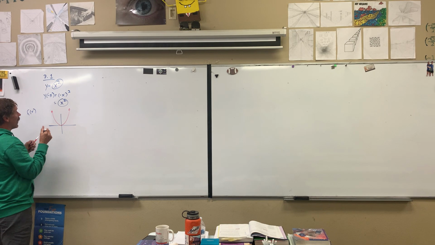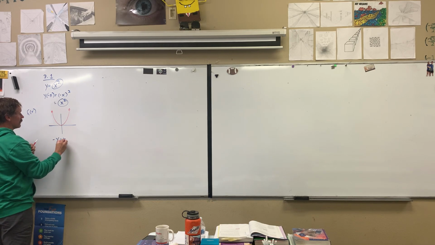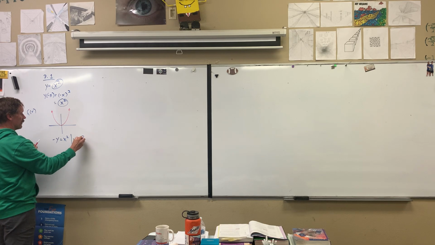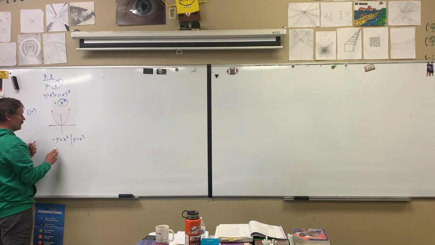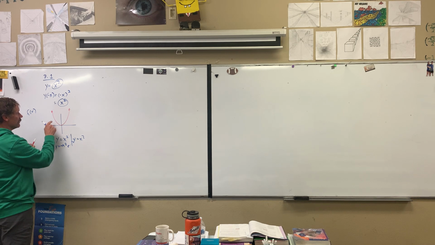And we would know that by plugging in a negative y: negative y equals x squared, is that the same thing as y equals x squared? Are those the same equation? The answer is no, because the negative is on the outside, and it's not getting squared, so it stays a negative. Therefore, this and this are not the same. So not symmetrical in the x-axis.